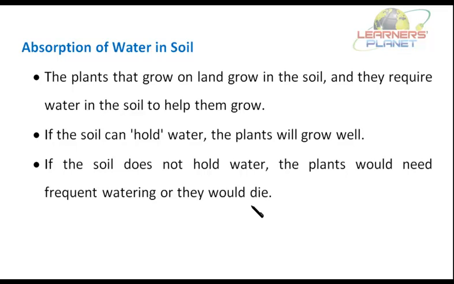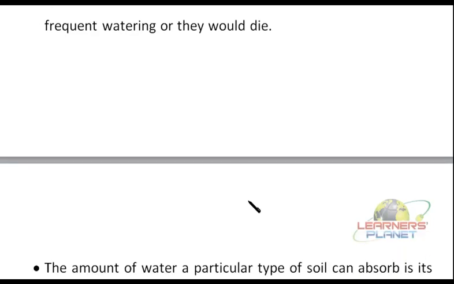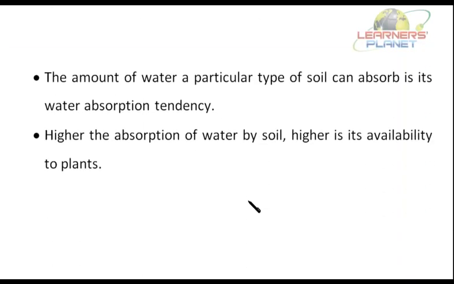So the plants that grow on land grow in the soil, and they require water in the soil to help them grow. Because here the amount of water a particular type of soil can absorb is its water absorption tendency.